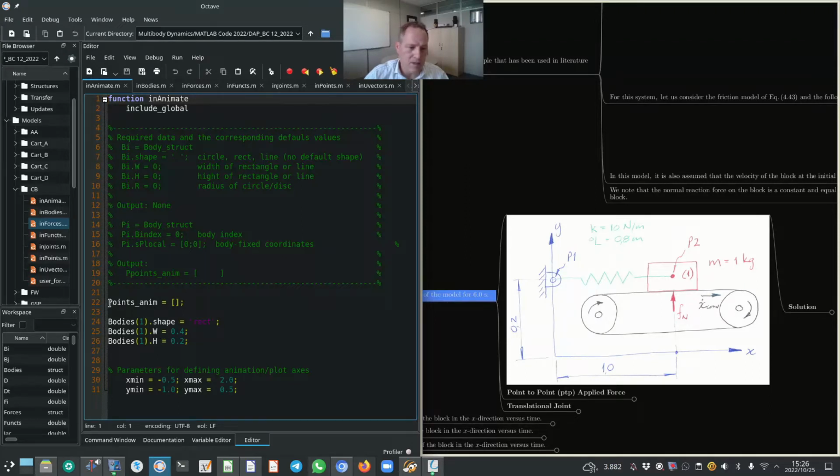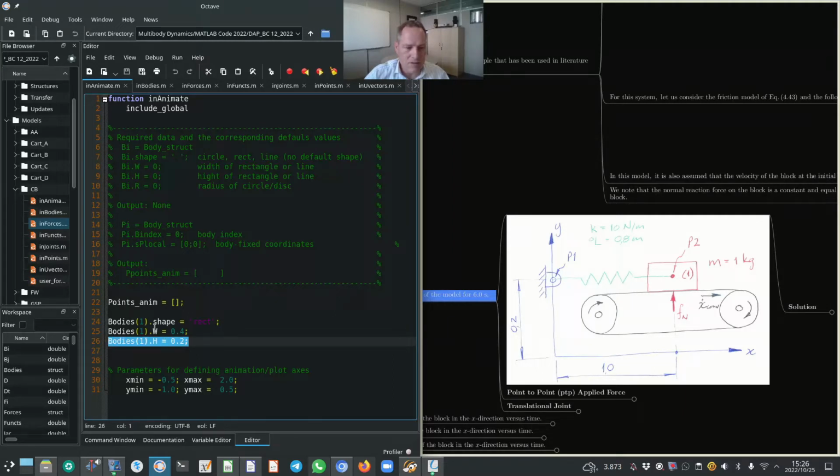There are no points anim to be defined for this simulation. What we do is define a rectangular shape for the block, and in order to do that we define the W parameter, which equals the length of the block as 0.4 meters and the height as 0.2.